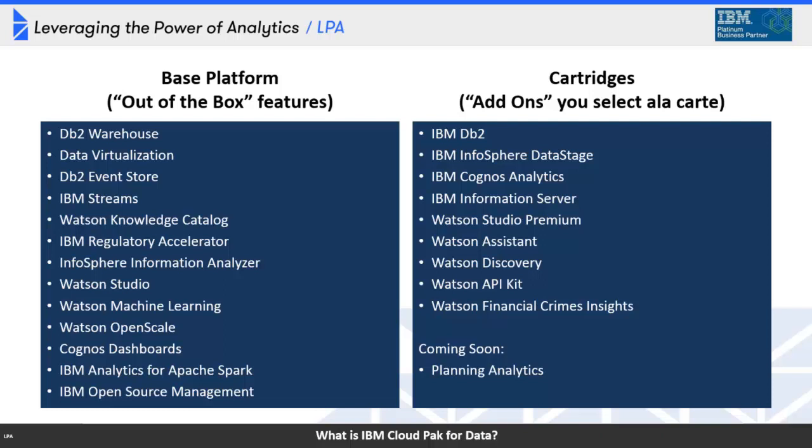IBM Streams is an application that ingests and analyzes information from real-time sources. So think about a technology specifically purpose-built to handle real-time feeds, let's say from the Internet of Things, baked into the platform.